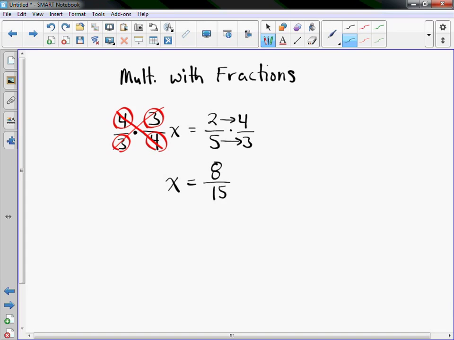And then we need to check to see if we can reduce. 2 comes out of 8, but not out of 15. 4 comes out of 8, but not out of 15, and so on. So I believe that one is reduced. Okay. So flip the fraction over and multiply by its reciprocal. So you want to multiply both sides by its reciprocal.